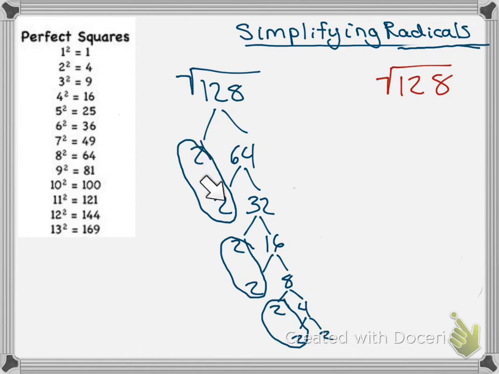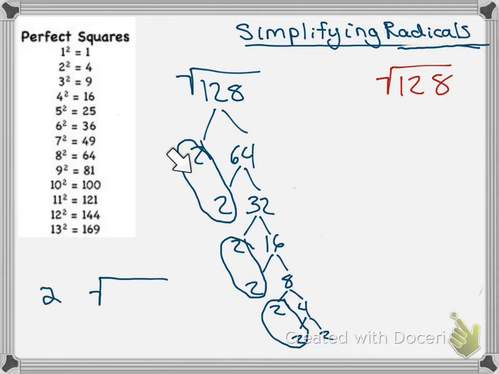That is a pair of 2's. I can pull one of those 2's out. And what I mean is I can write a 2 outside of my radical. So when I say I can pull a 2 out, that's what I'm saying. I can pull it outside the radical.